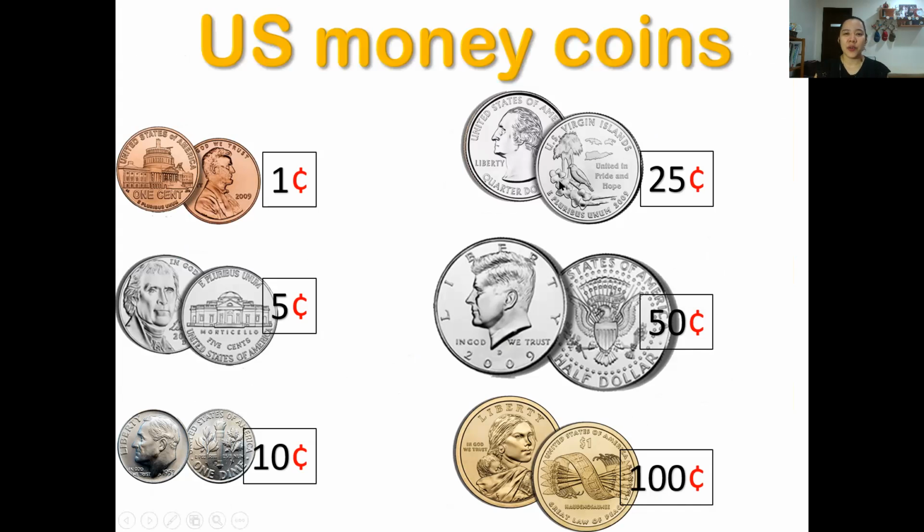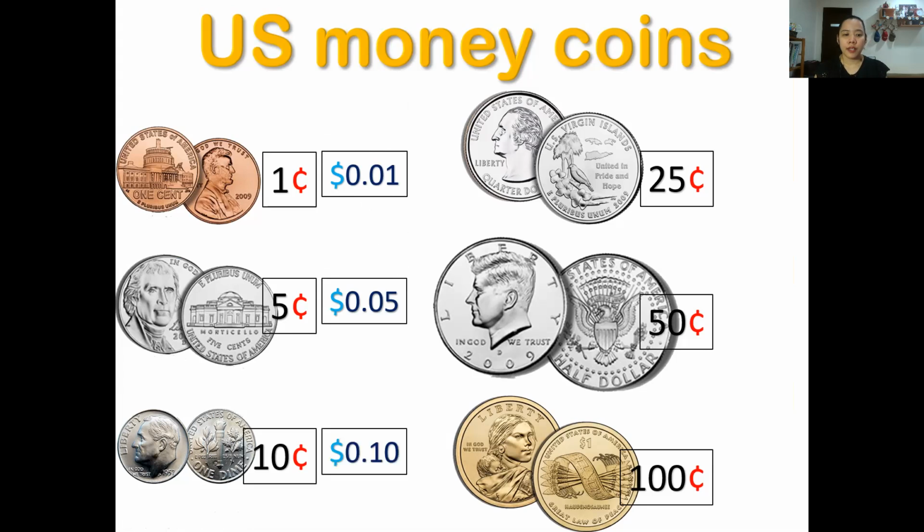So this is now the coins, and the unit is cent. So you are going to look at how we write this one in dollars. So if the unit is dollar, 1 cent is written this way. If it's 5 cents, you are going to write it in this way. And 10 cents, you are going to write this way in dollar.